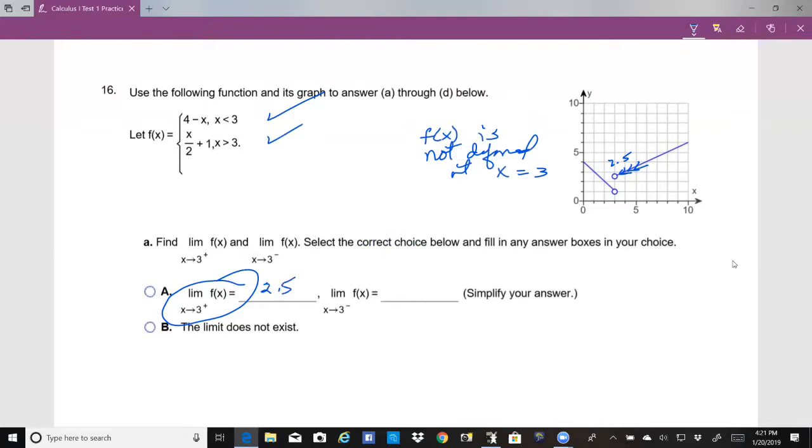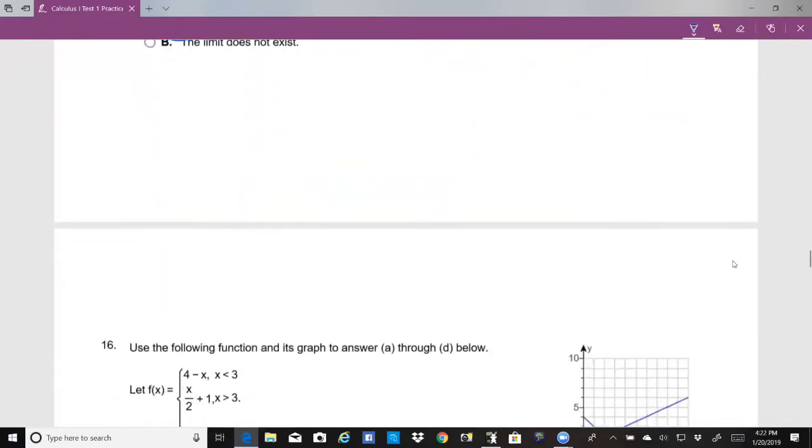If you hop up on the graph, get closer and closer to x equals 3 from the left, looks like the limit is 1. Okay? So those limits do exist, but they're not equal to one another. So the limit, in a minute, we'll see the limit as x approaches 3 does not exist because they don't agree.